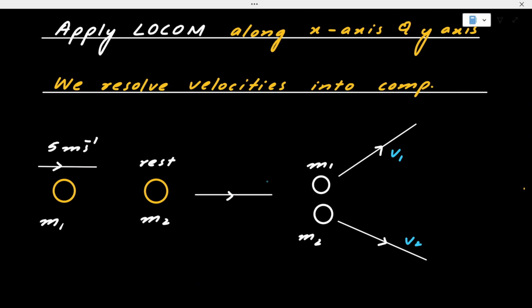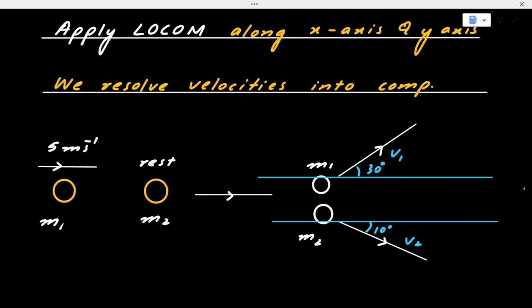And you could be provided with the angles also with the horizontal. So for example, the angle of this one with the horizontal is 30. The angle of the second one with the horizontal is, let's just assume, 10. This is just an assumed value. What do you do? You resolve the velocities into components.